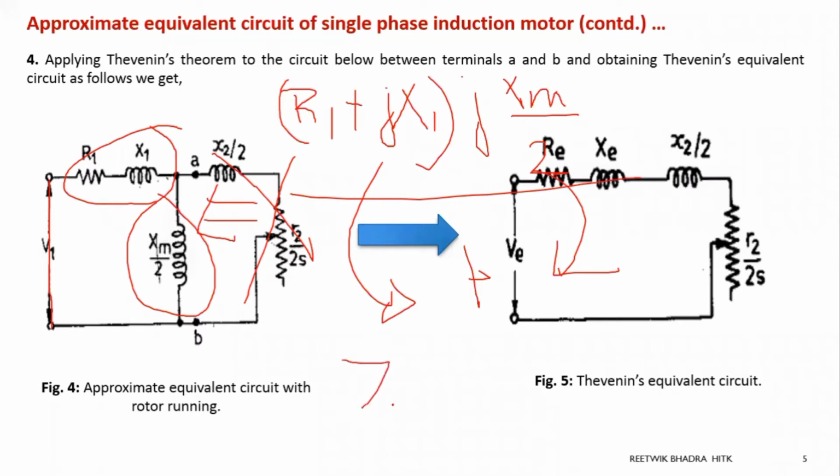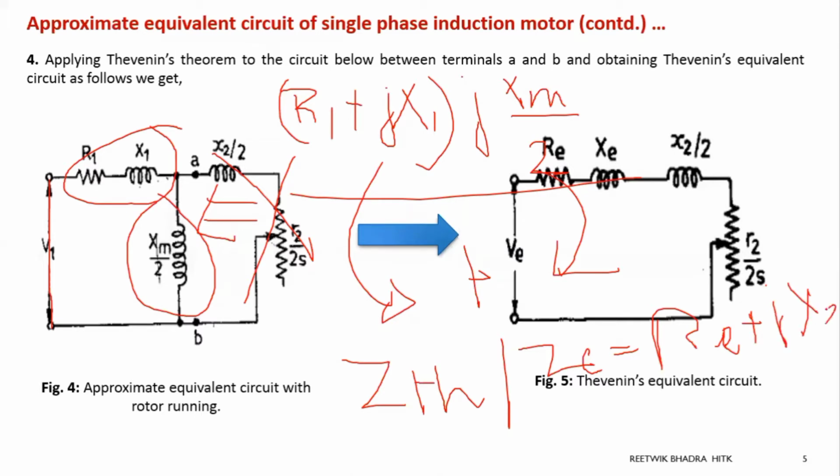That will be the ZTH or ZE, whatever you consider. And ZE will consist of RE plus jXE. So that is written over here.